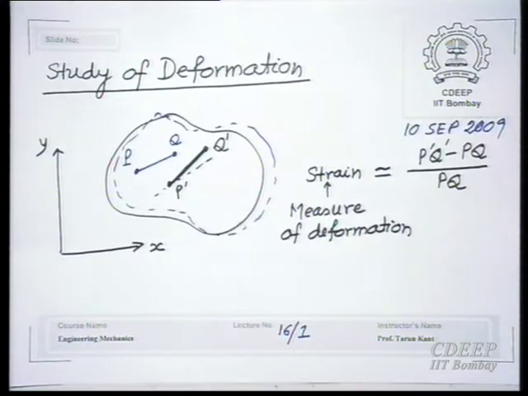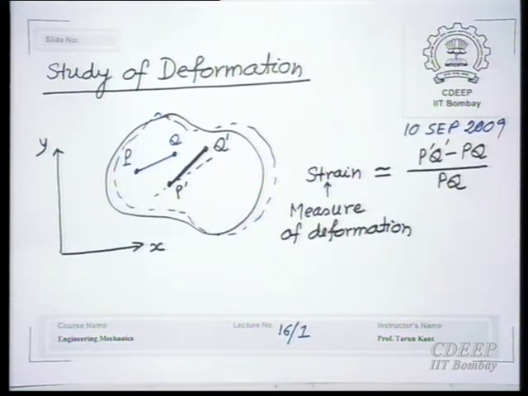So P dash Q dash minus PQ is change in length. Let us assume that the angle by which it has rotated is very small. So cosine of theta will be equal to 1. So that will not make a difference. So this is a change in length of PQ per unit length, and this gives you a measure of strain as far as the change in length is concerned.